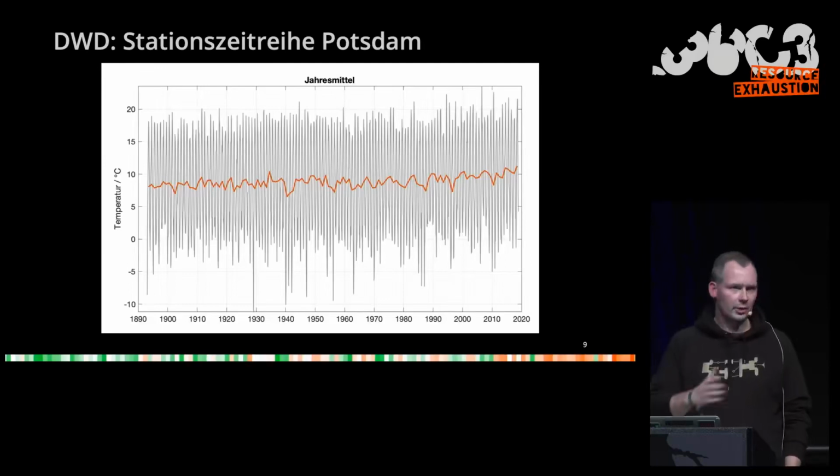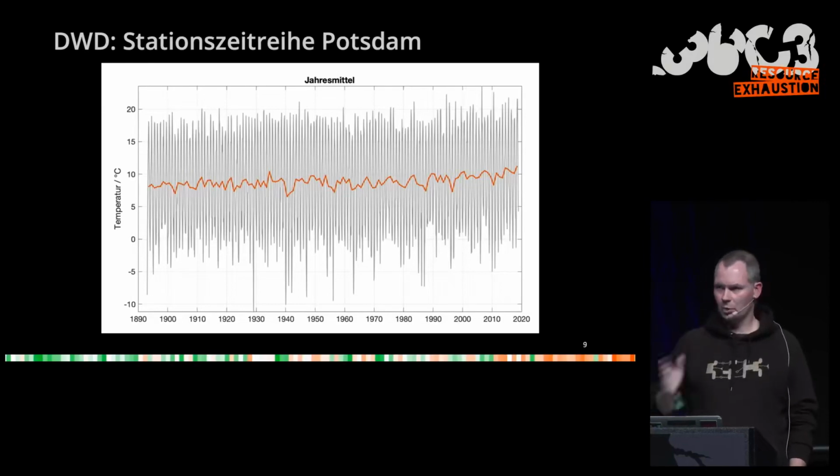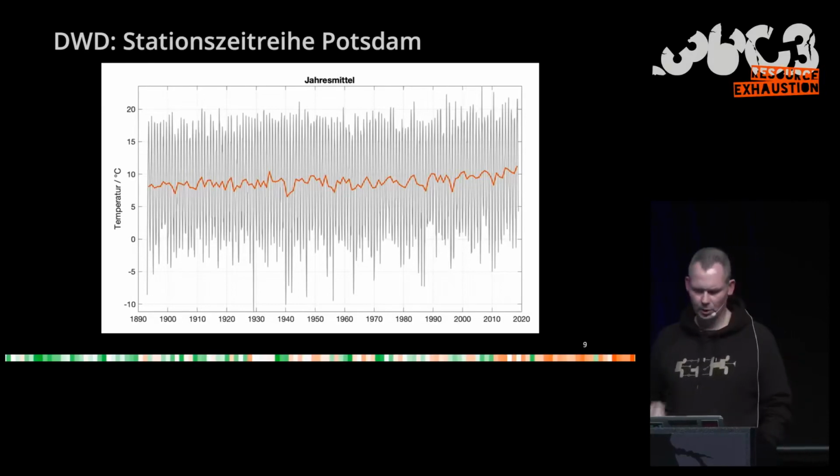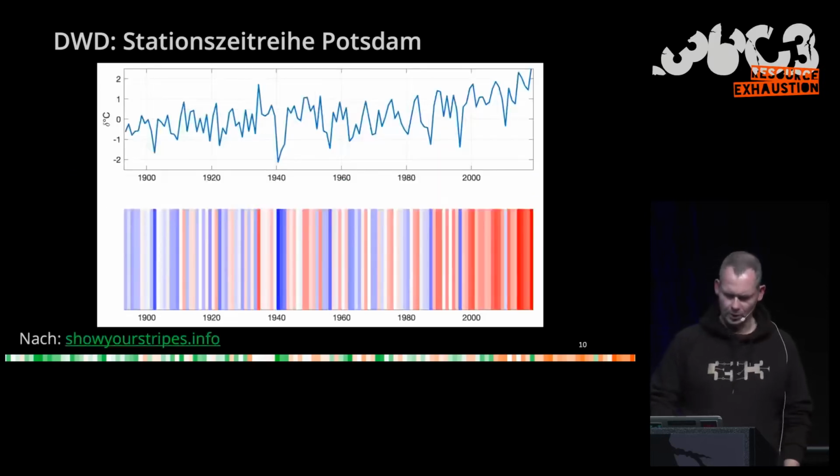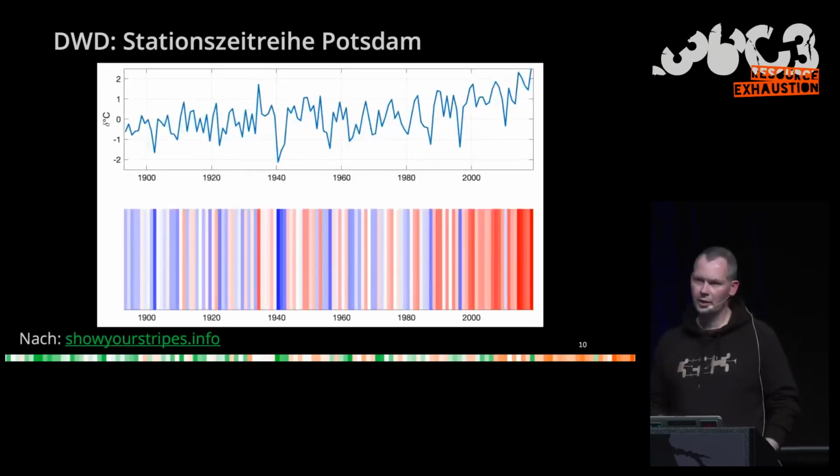So the usual way to display this is the warming stripes. If you looked at the material of Fridays for Future, you see in the background blue, white, red stripes, which you can get from the yearly averages. So you take the average. In the case of Potsdam, it's 8.7 degrees Celsius.